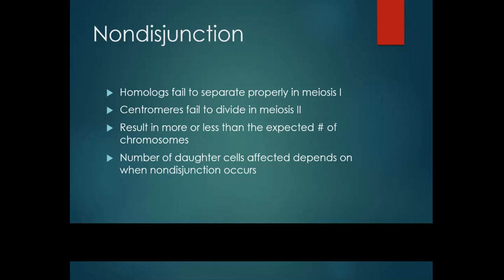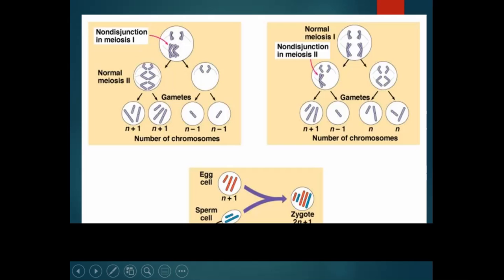Okay? Non-disjunction occurs when the homologous chromosomes fail to separate properly in meiosis 1, or when you have an inability of the sister chromatids to separate properly in meiosis 2. That will result in more or less than the expected number of chromosomes in the resulting cells. So here's non-disjunction in meiosis 1.